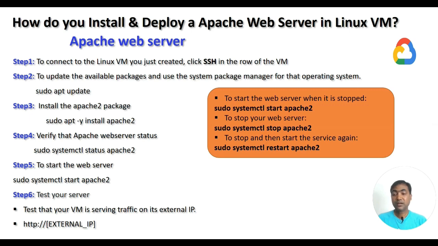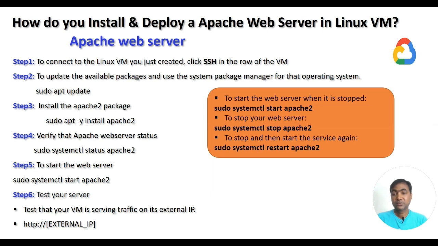Then use the command sudo apt update. Thirdly, you can install the Apache web server on the Linux machine. Then use the command sudo apt install apache2. Fourth step, verify the Apache web server status. Then use the command sudo systemctl status apache2.